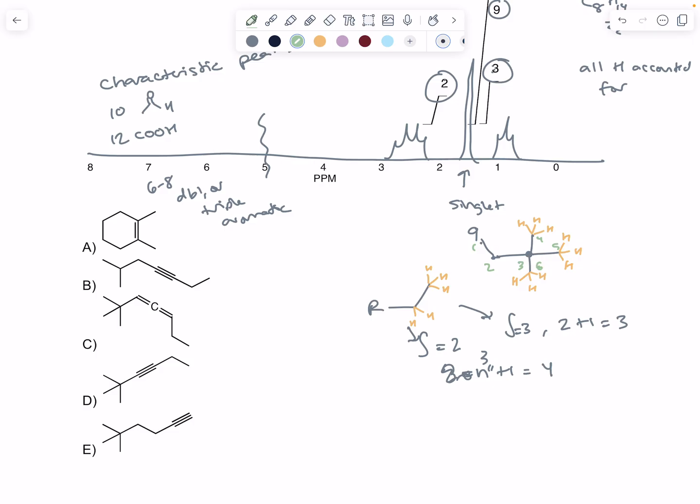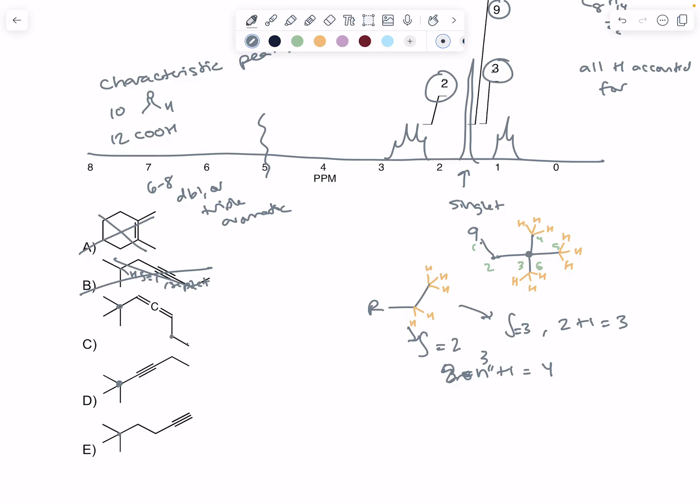I'm going to go over to my answer choices because I have that as an option, and look at what I have. This one does not have the tert-butyl group, so I'm going to get rid of that right away. This also doesn't have a tert-butyl. If there's an implied hydrogen right there, that hydrogen would be an integral to 1 and it would be a septet, but we don't have that, so no. Now this and this all have my tert-butyl group, so those are all good options.